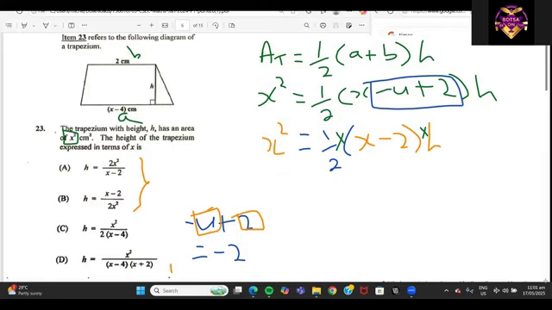So I'll do it singly, right? Since a half is being multiplied by what's in the brackets, and the brackets are being multiplied by the height, I'll start by moving the half first.